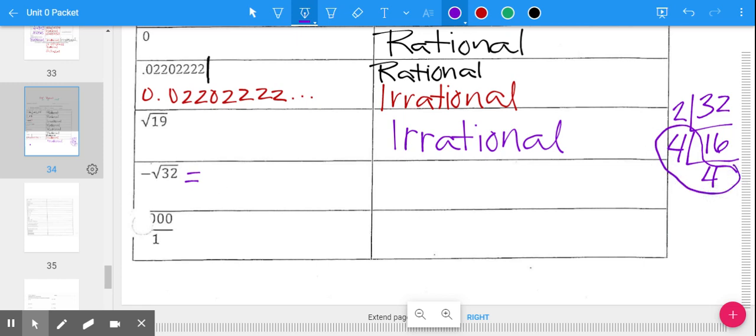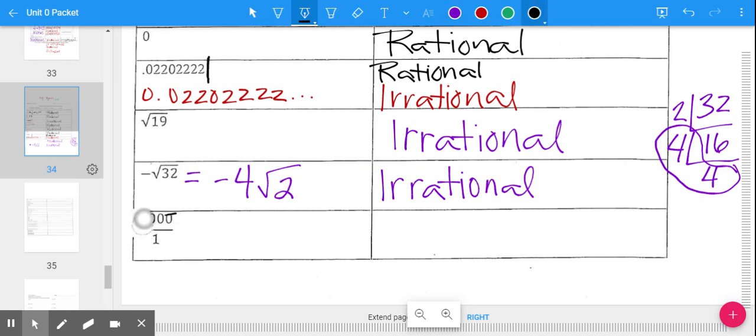So for every number you have twice, it moves to the outside. For whatever's left over, it stays inside the radical. So we still have a square root we cannot simplify. That square root of 2 makes this whole thing irrational, because the square root of 2 is a long, drawn-out decimal that does not have an end.